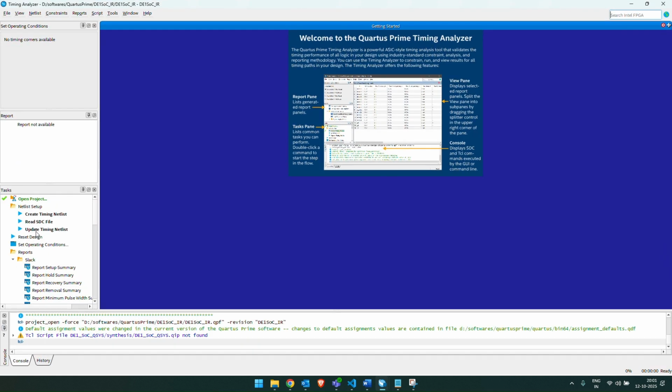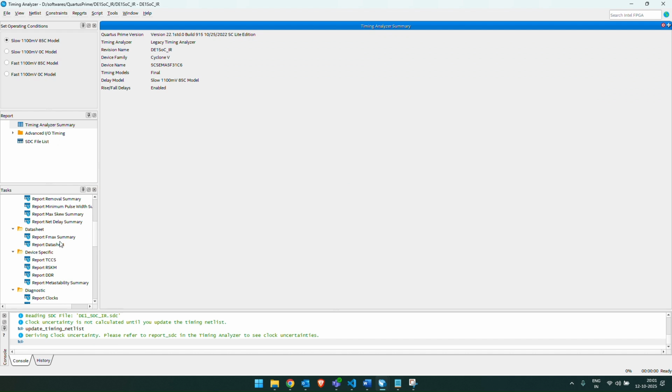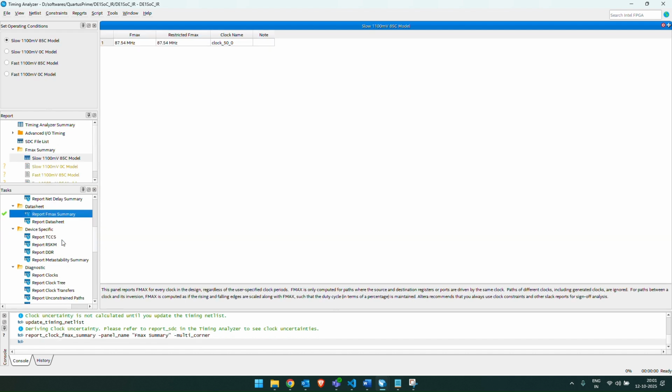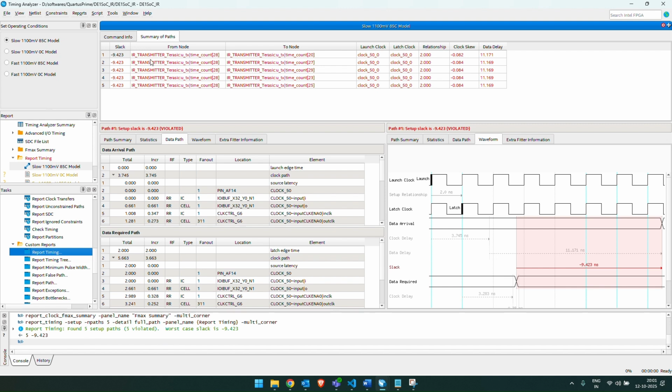Let's open the timing analyzer. The Fmax is 87.54 megahertz. If we reduce the clock period from 20 to 2, we are getting a negative slack, which indicates there is not enough time for the flip-flops to capture the data.